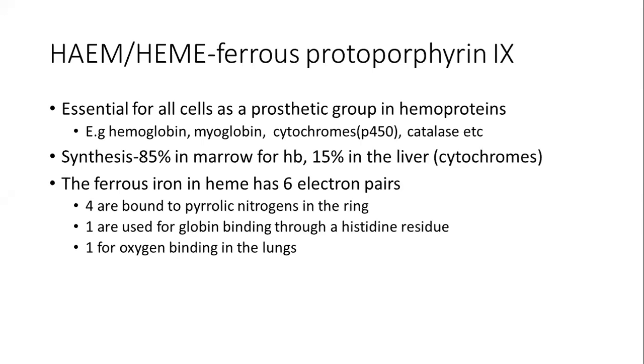And then besides that, for the hemoglobin to function optimally and bind oxygen, the ferrous component or ion requires 1 electron, all right, to bind onto oxygen when it gets to the lung.